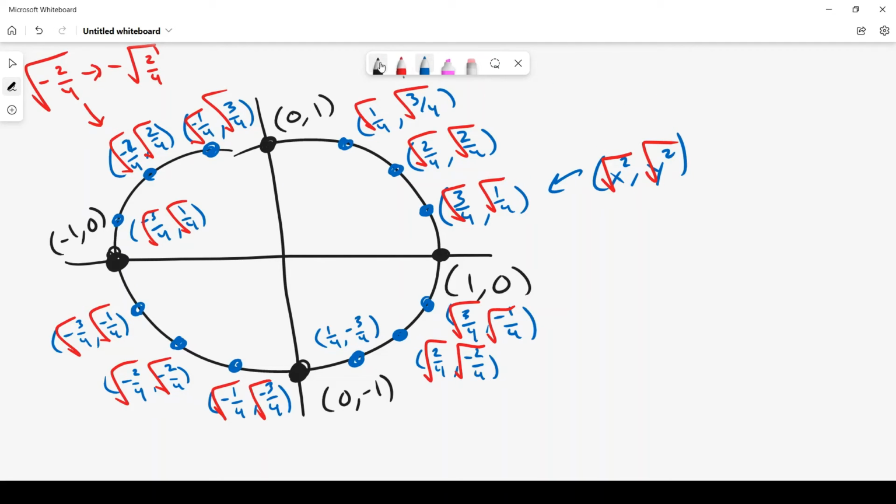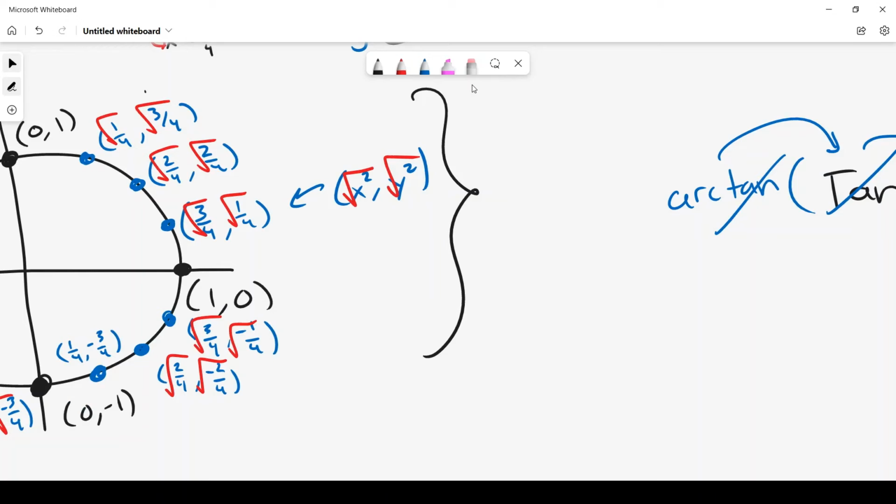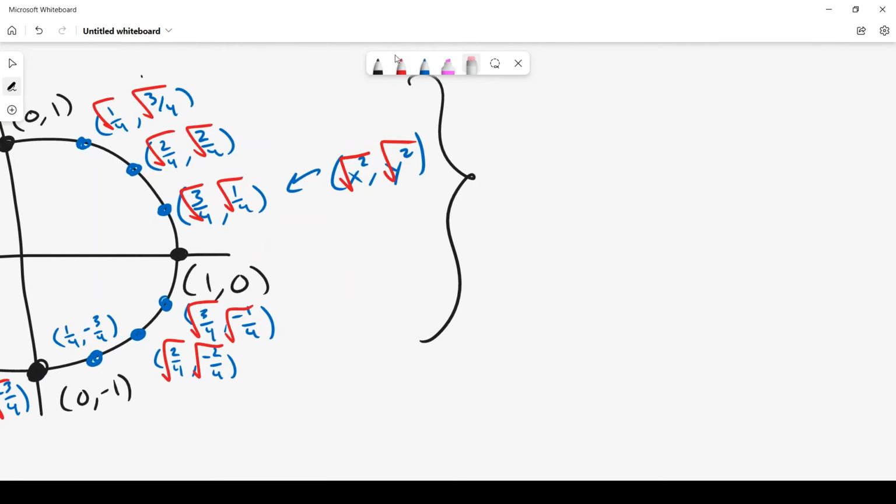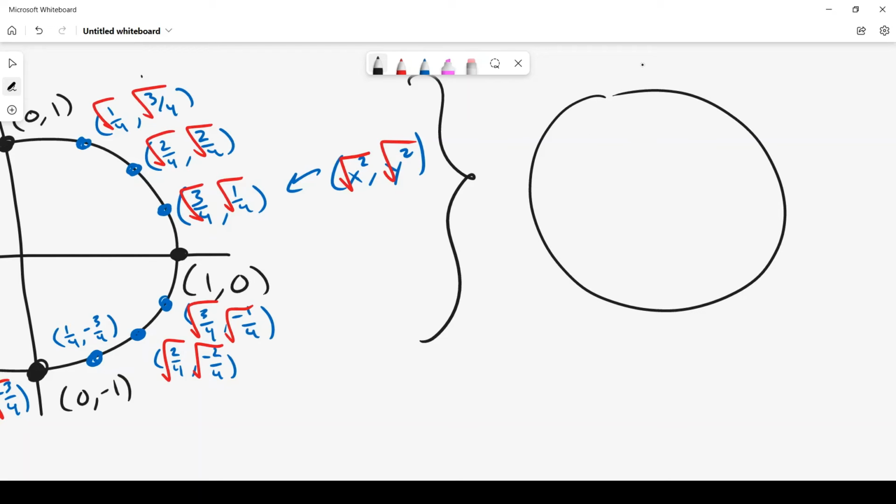But once we do figure out all these square roots, then we'd be able to get our unit circle, which then we'd be able to draw out over here, our unit circle, in which now we have all of our values: 1, 0.